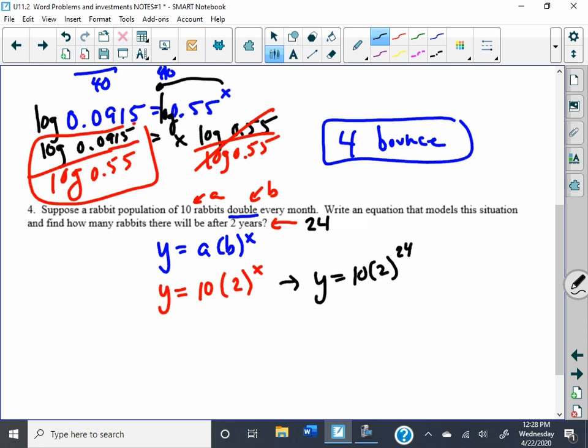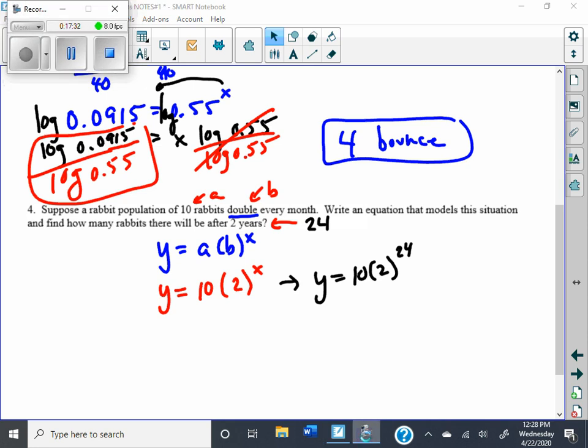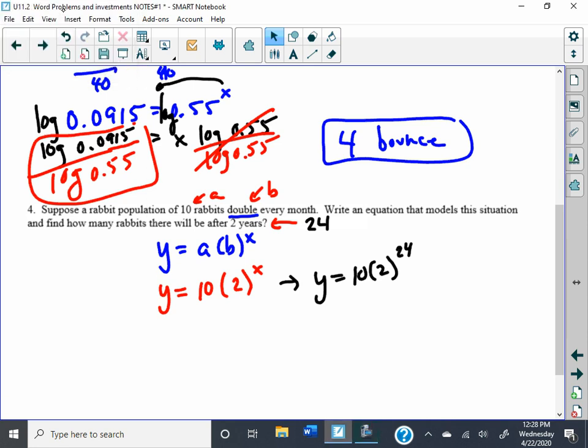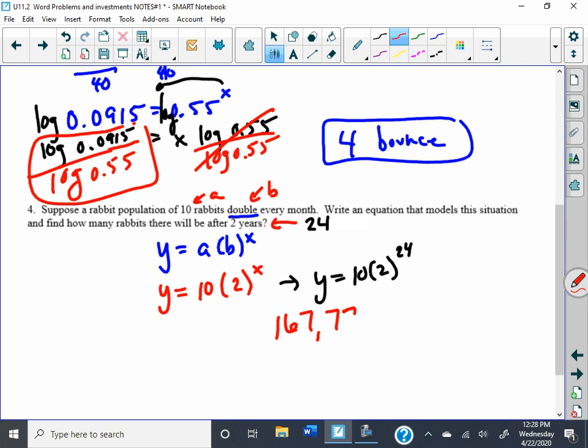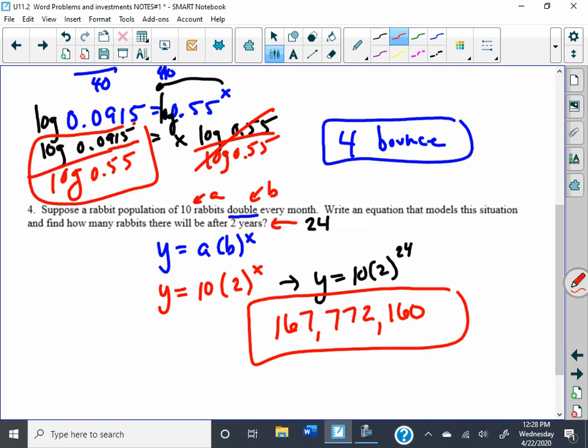Let's see what that big number is going to be. It looks like we're going to get about 167,772,160 rabbits in 2 years. There you go. All right, good luck on the homework.